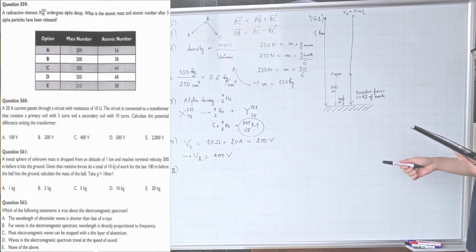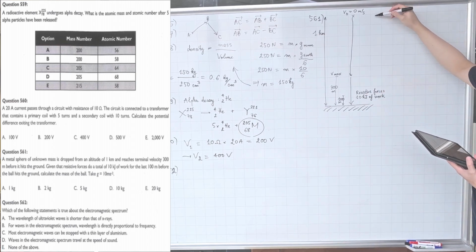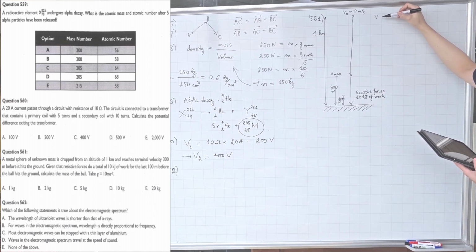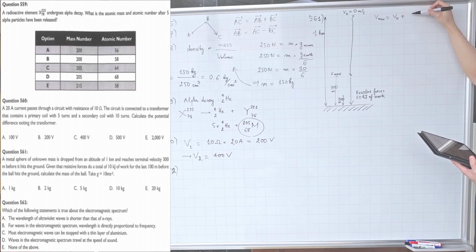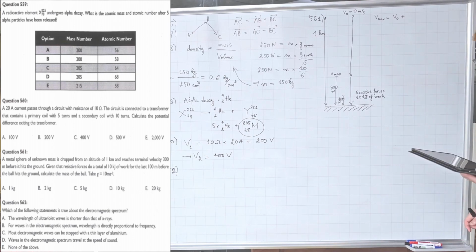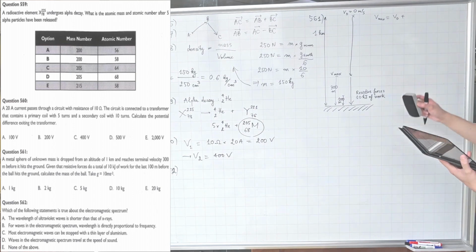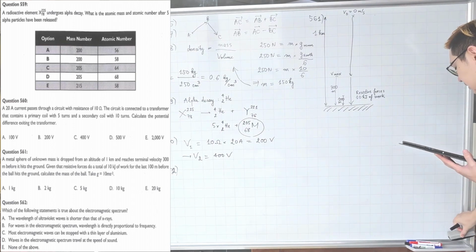We don't know Vmax, so let's try to find Vmax. Vmax here is V0 plus at, but we don't know t, right? We don't know the time. So we have to find a formula that does not depend on t. What is that?